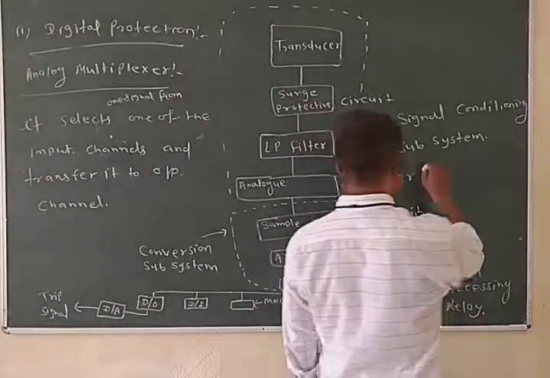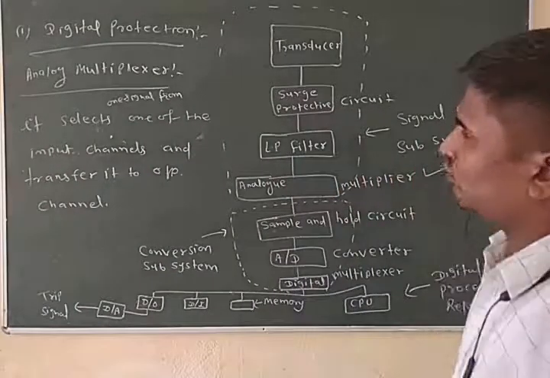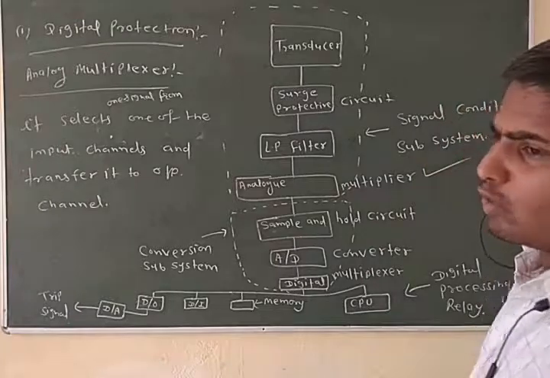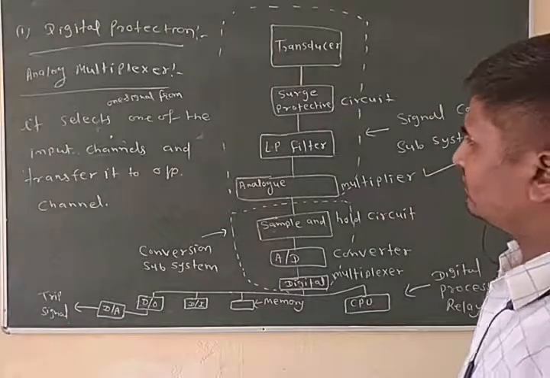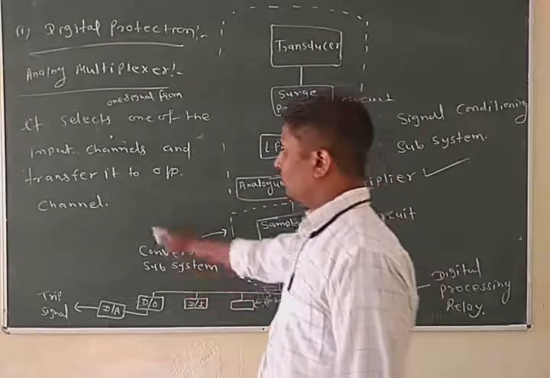So the function of the analog multiplexer is to select a signal from one of the many input channels and transfer it to the output channel.